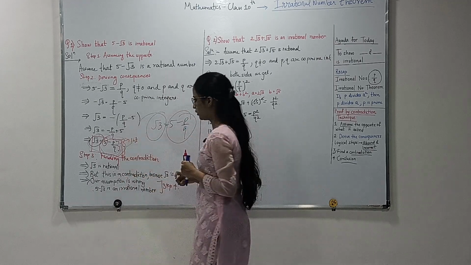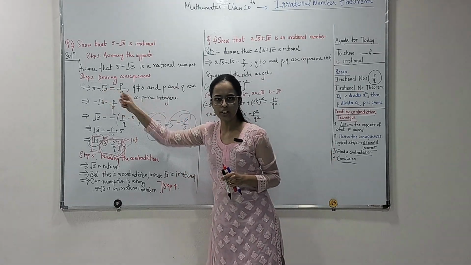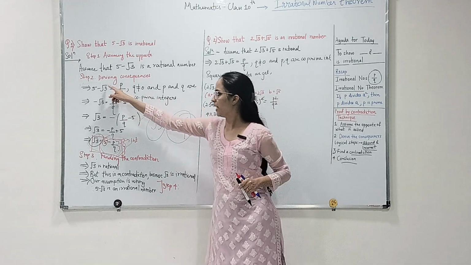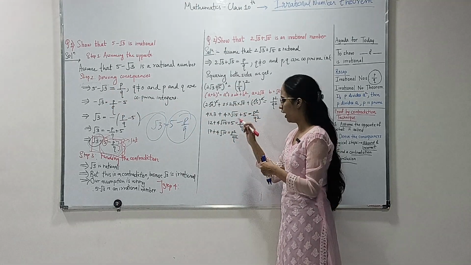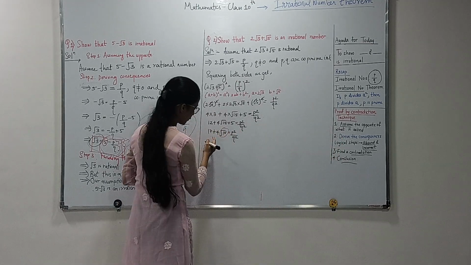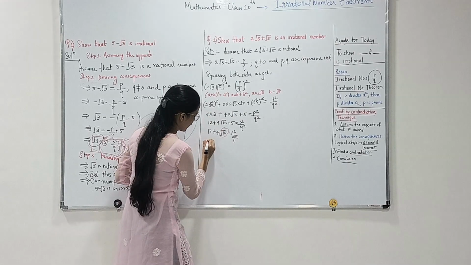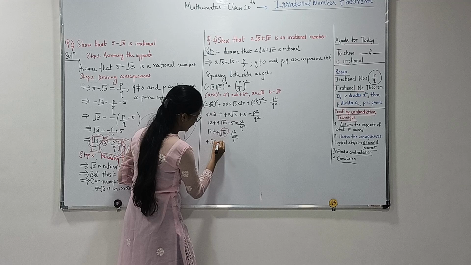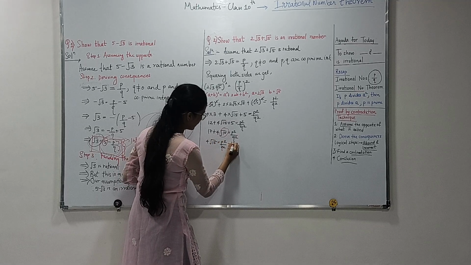Now here if you see students, we are getting something of this form only. So again, over here we isolated root 3 in the similar manner. Over here we are going to isolate root 15. So for this, we are going to send all the other numbers on the other side. So we will get 4 root 15 equals to p square upon q square minus 17.